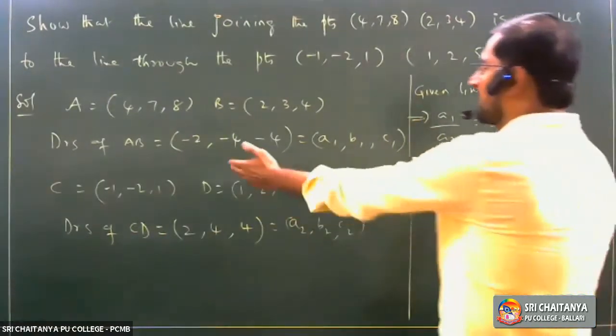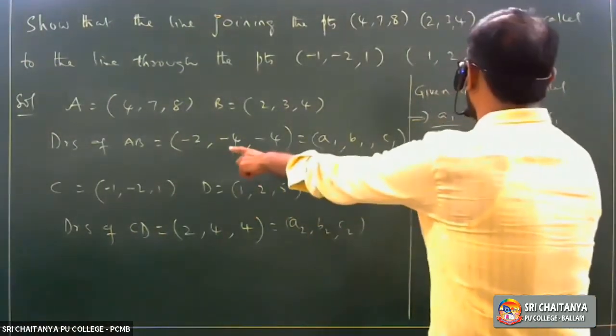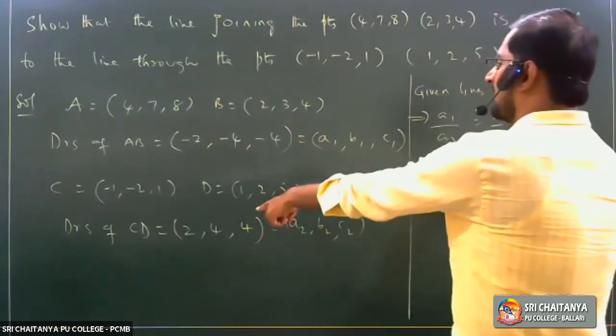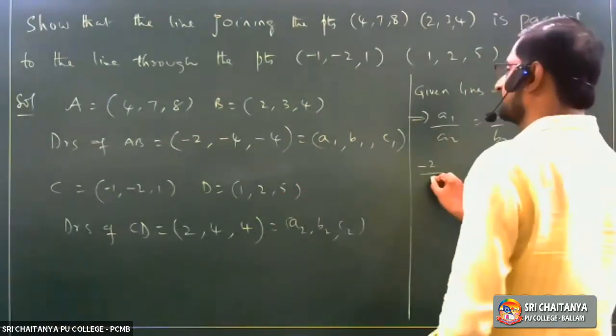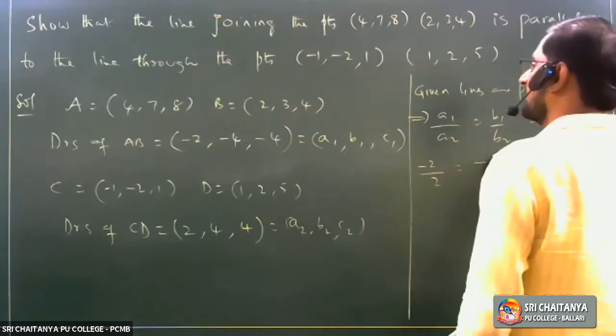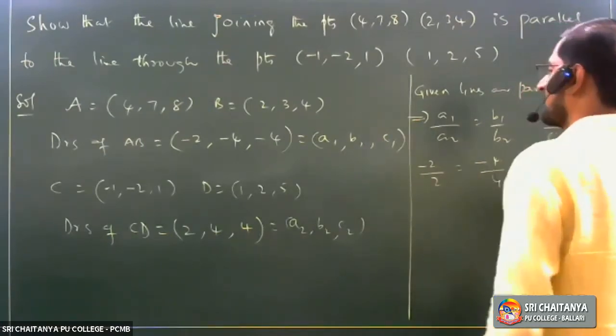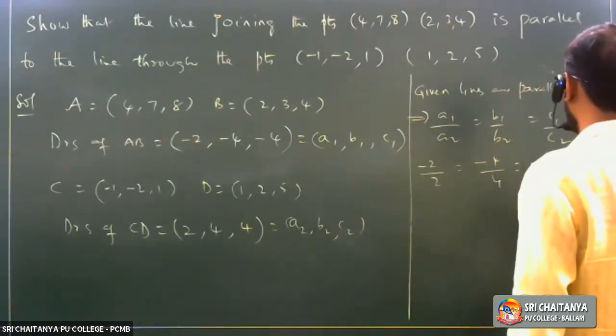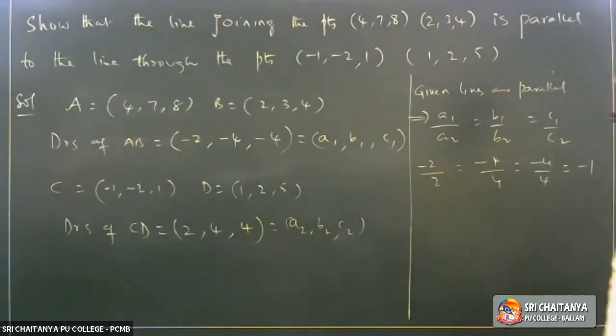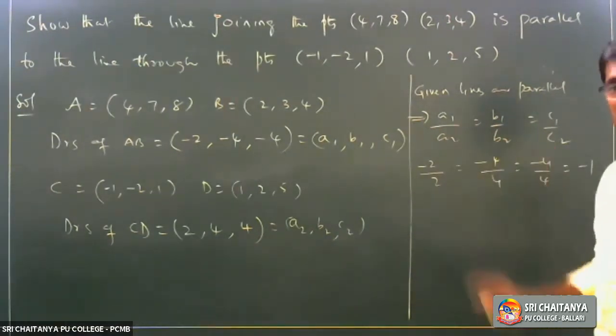So what is A1 by A2? -2 by 2 is equal to -4 by 4 is equal to -4 by 4, and the value is -1, right? The three values are the same.